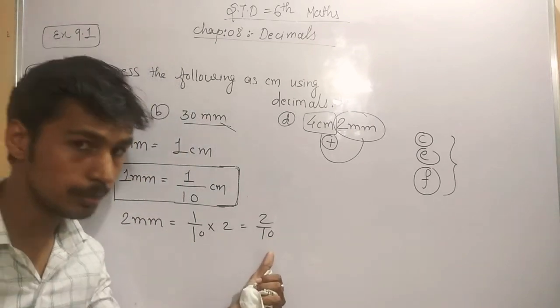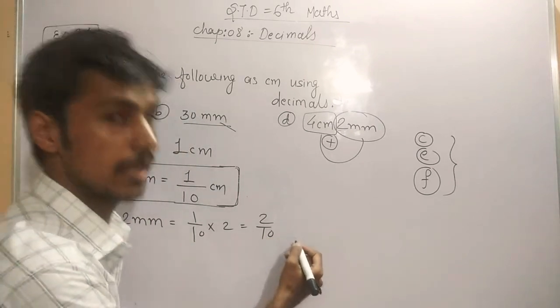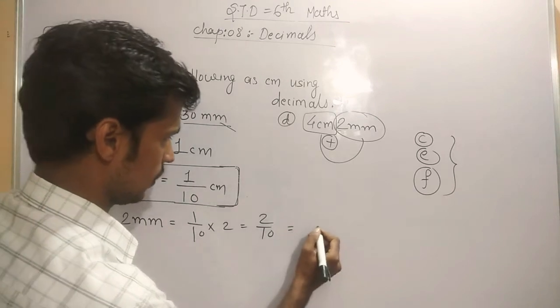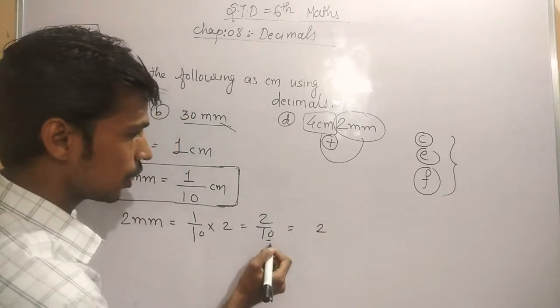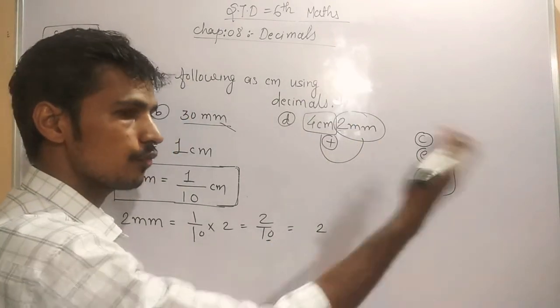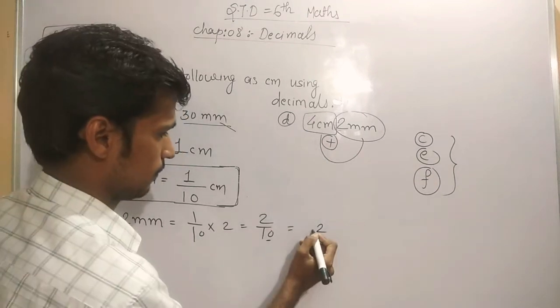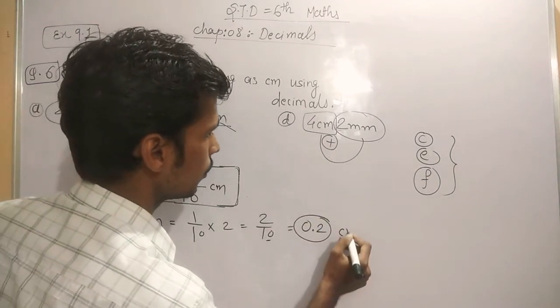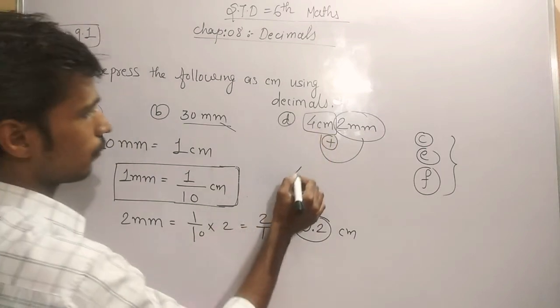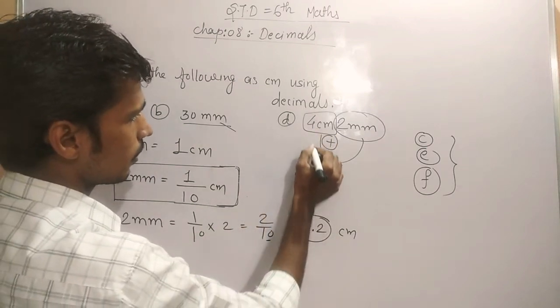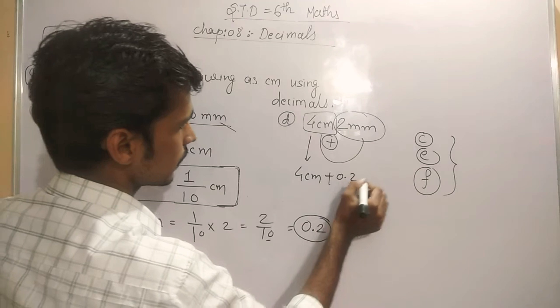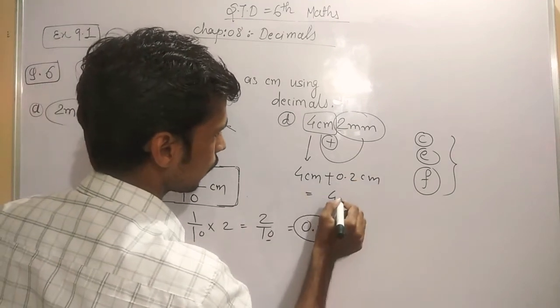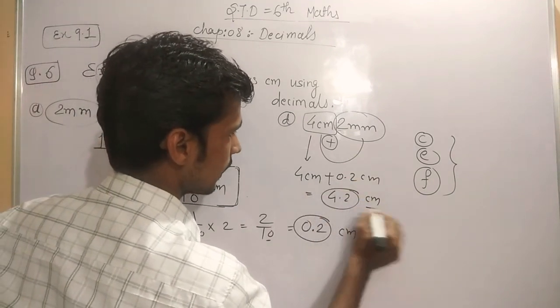Again 10 is in the denominator, so can I put a decimal? Yes. With 10, from the right-hand side, 1 digit after, put the decimal. So 0.2 centimeter. So 4 centimeter plus 0.2 centimeter equals 4.2 centimeter.